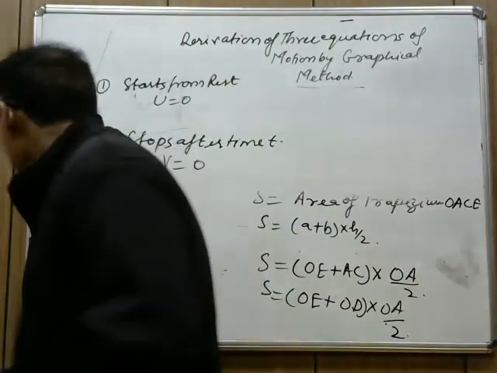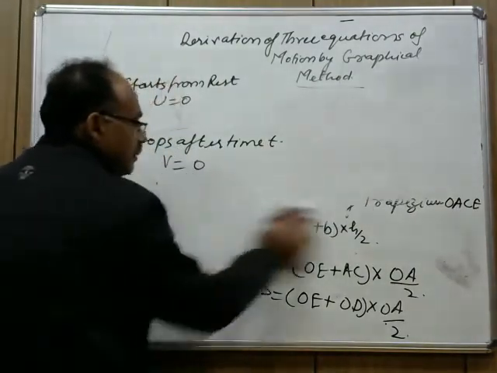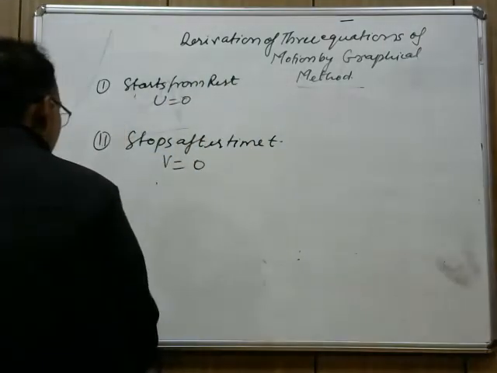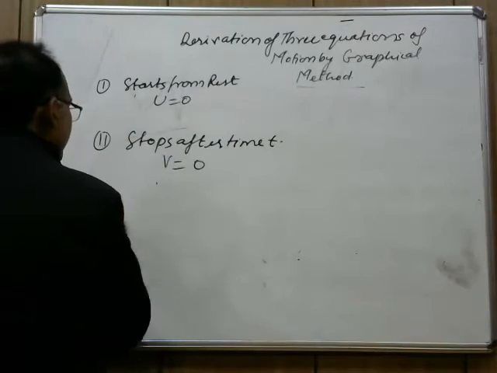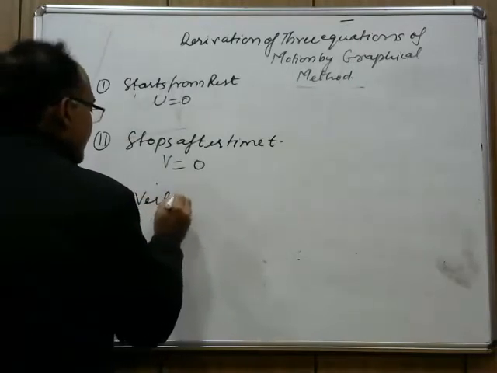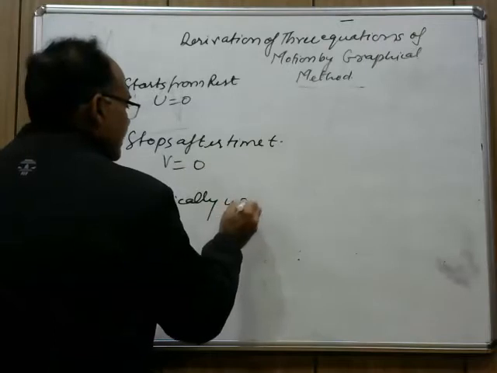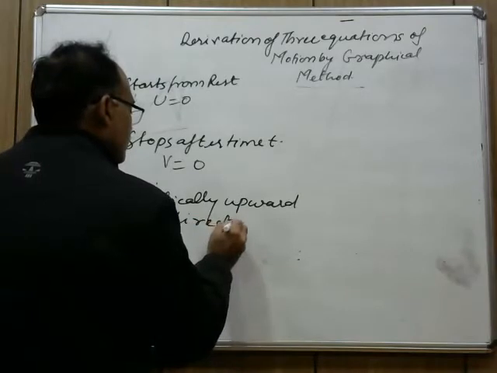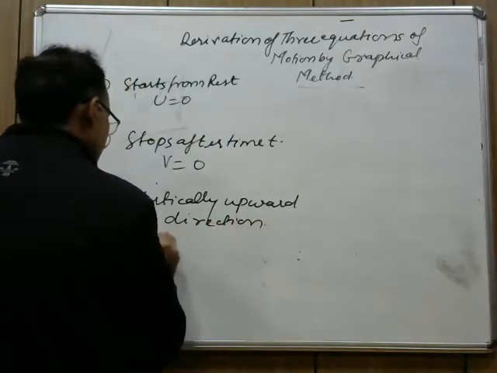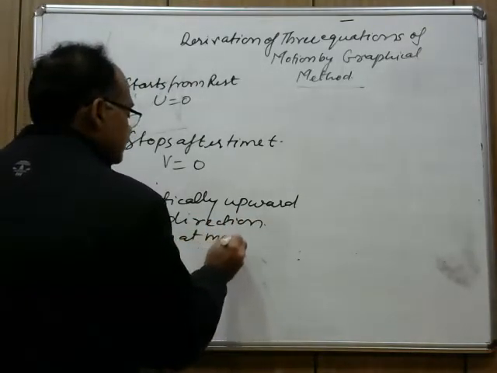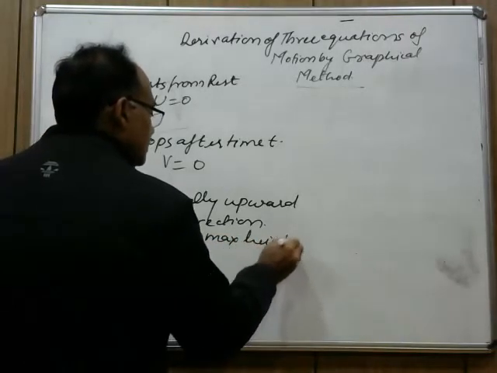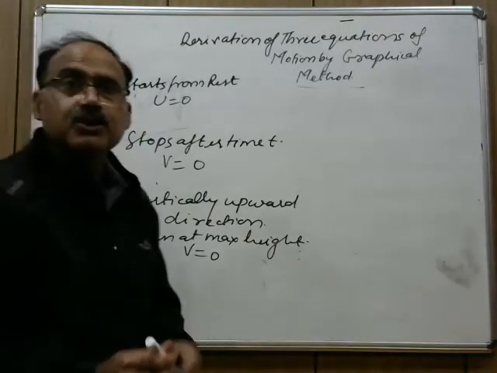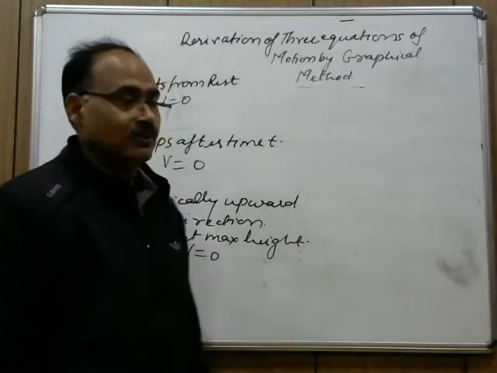Now the third point which should be remembered: if a body is thrown in the vertically upward direction, then at maximum height V is equal to 0. At maximum height, final velocity becomes 0.